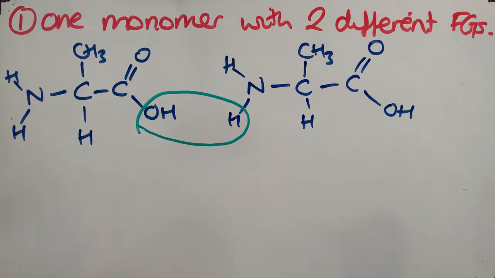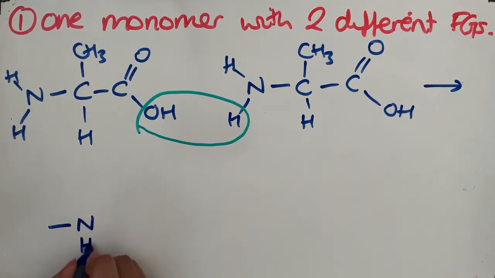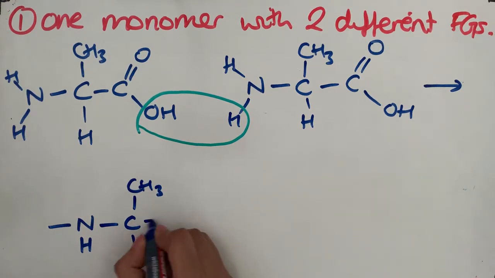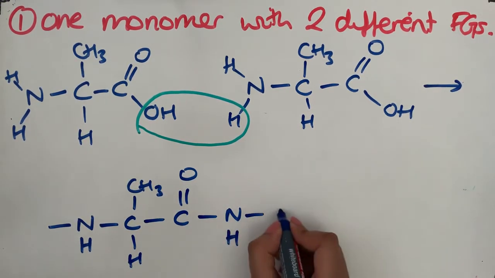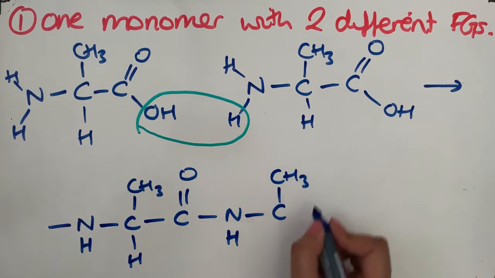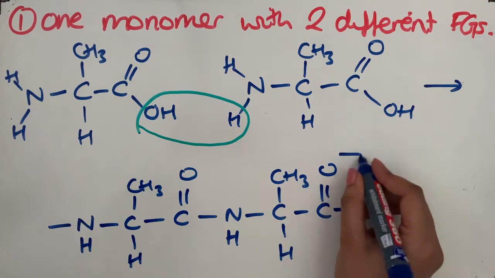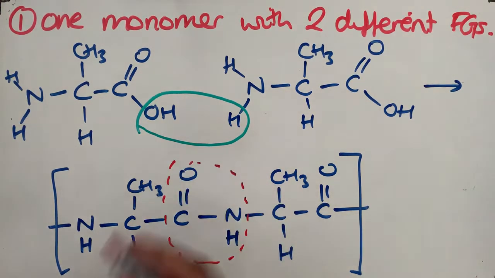So I'm just going to go ahead and draw the polymer that forms. I'm going to do it underneath. So we've got our amide bond here. Like that. Okay, so yep, we've got our amide in the middle here, that's joining those two monomers together.